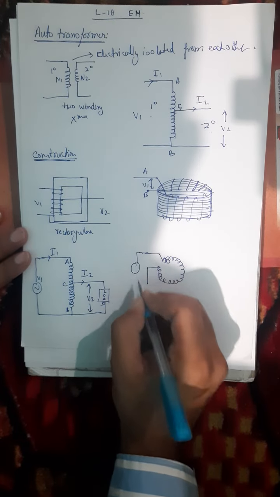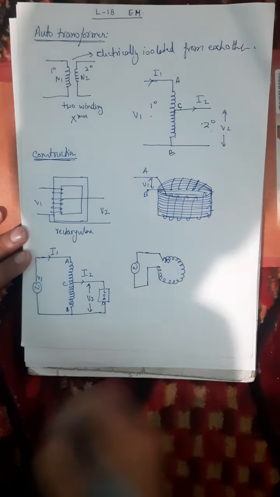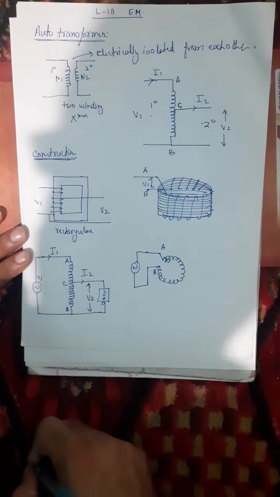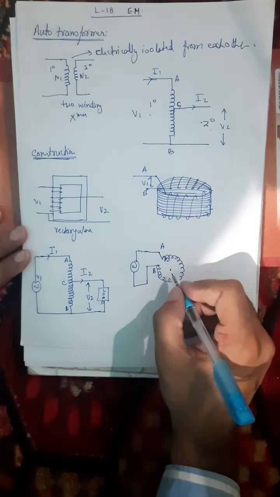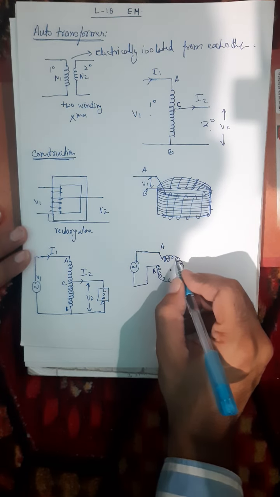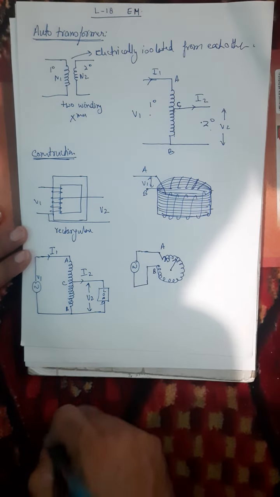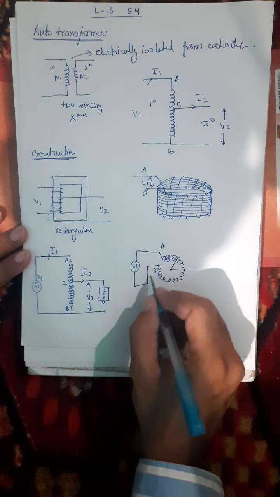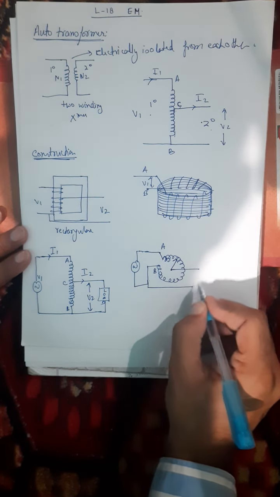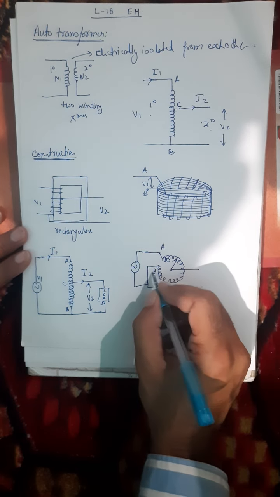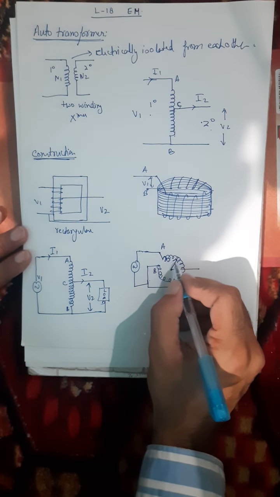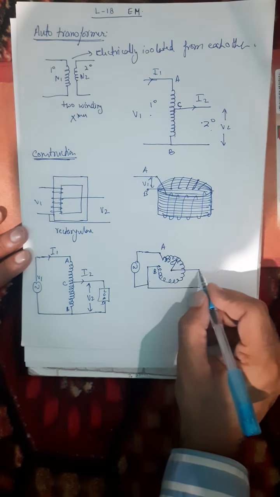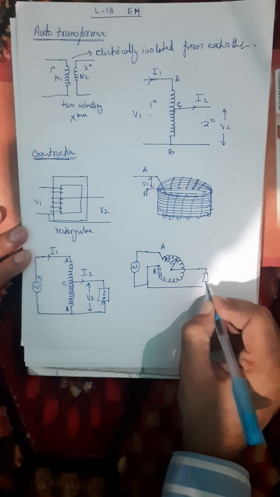This is my supply, this is my point A, this is my point B. I have a slider here somewhere. The point B is common to both the windings. So here it is A, B, this is point C. And here I will have some load.